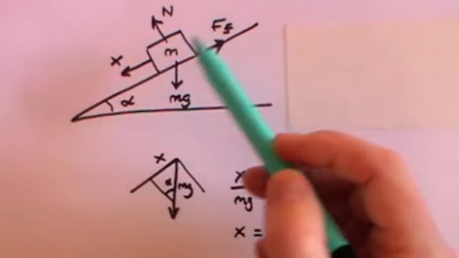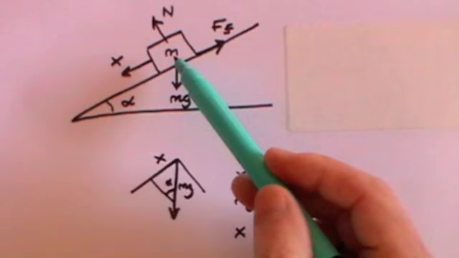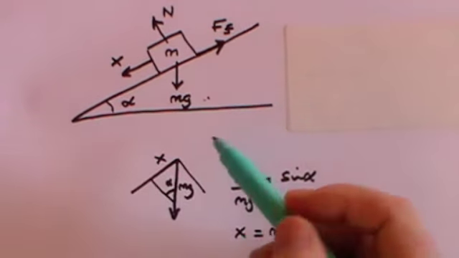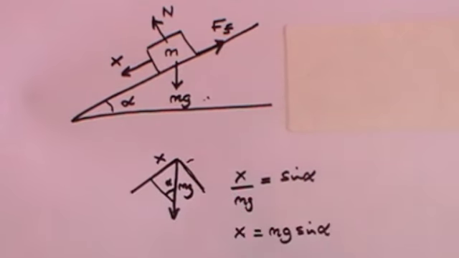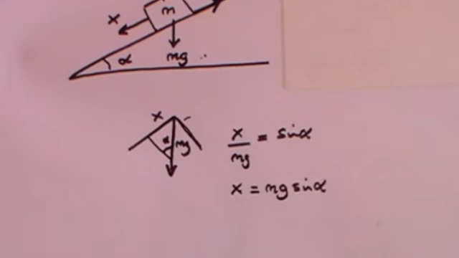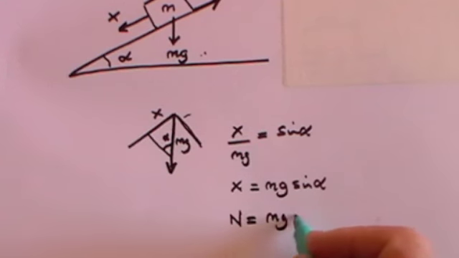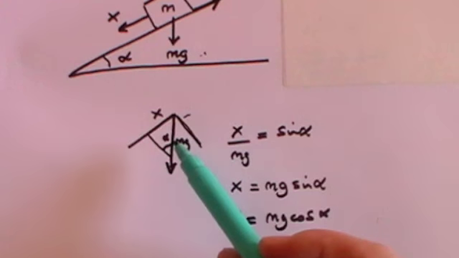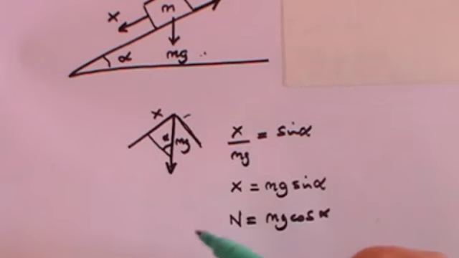What about the normal? Well, the normal is just the opposite of the component of mg acting in this direction, perpendicular to the plane, which of course is the value of this here. And using exactly the same geometry as we did before, you can say that n is equal to mg, but this time it will be cosine of alpha. That's just plain geometry, because now the angle will be 90 minus alpha, and the sine of 90 minus alpha is the cosine of alpha.